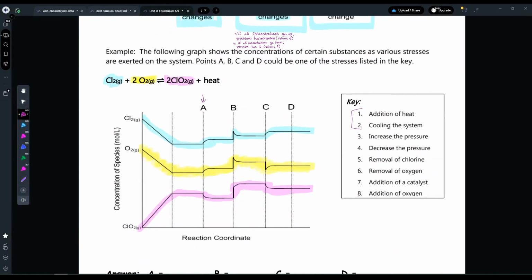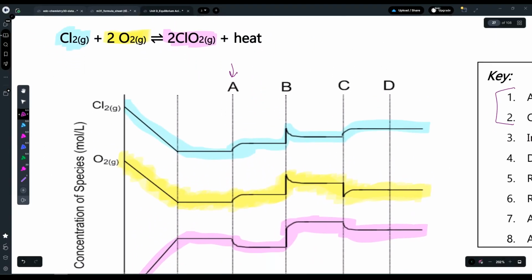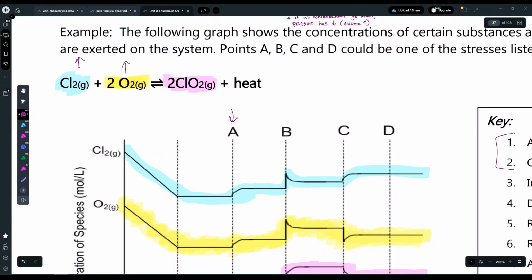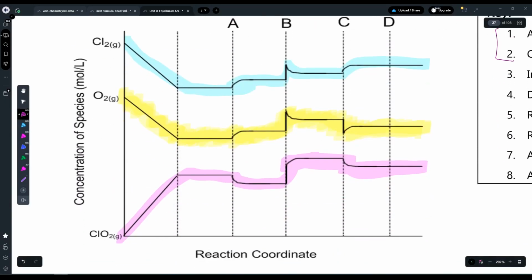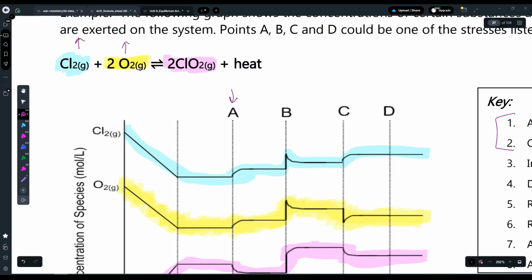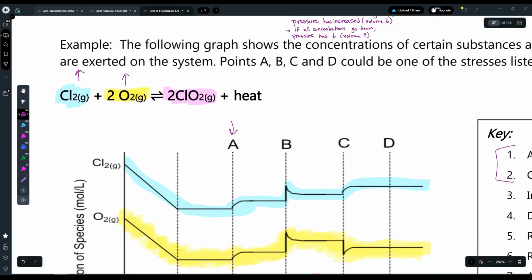So how we're going to determine which one it is, we need to figure out, okay, what is increasing, what's decreasing. So it looks like chlorine and oxygen, they increase. So I'm just going to focus on those two. I'm not going to look at the product here just because it might make it a little bit more confusing.